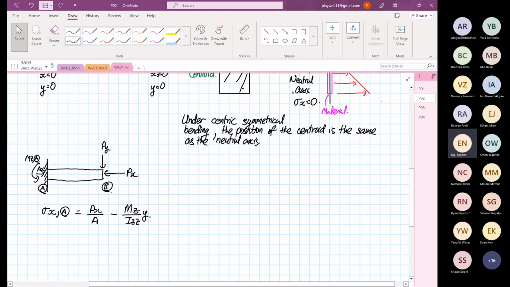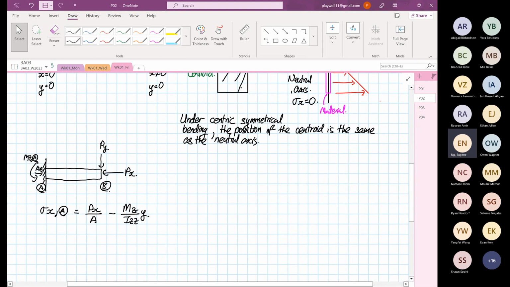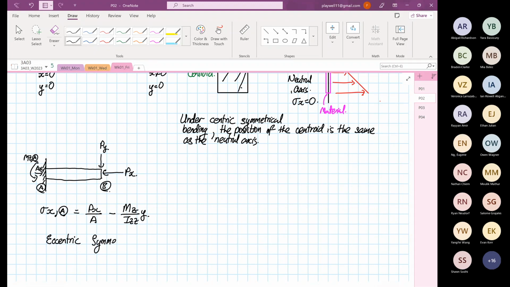Now this type of loading, we call it eccentric symmetrical bending. Okay, what do we call it? Eccentric symmetrical bending. So you guys have seen this formula before?